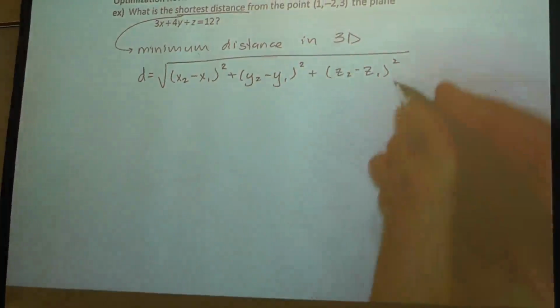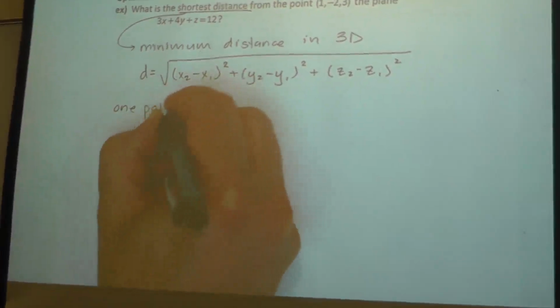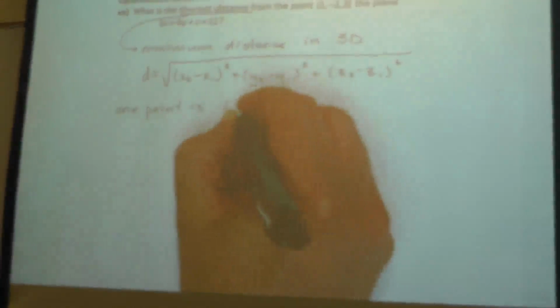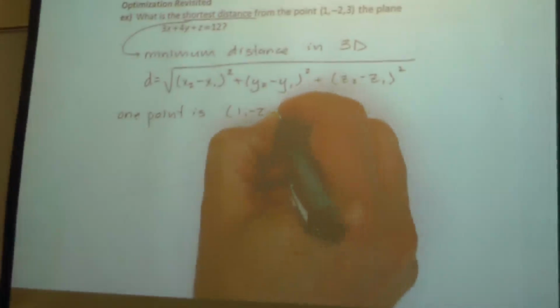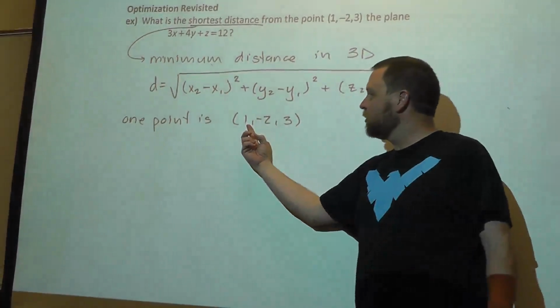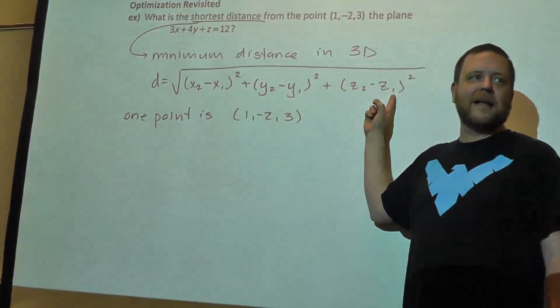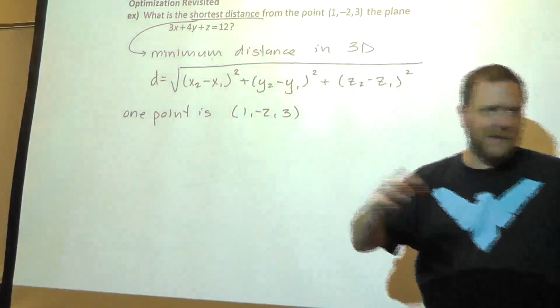Okay? So, for convenience, I'll let this represent the x1, the y1, and the z1 that I plug in after the minus in each of these quantities. Okay? So let me edit that.